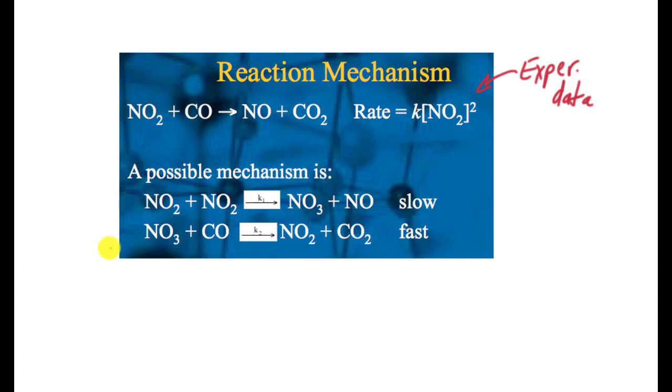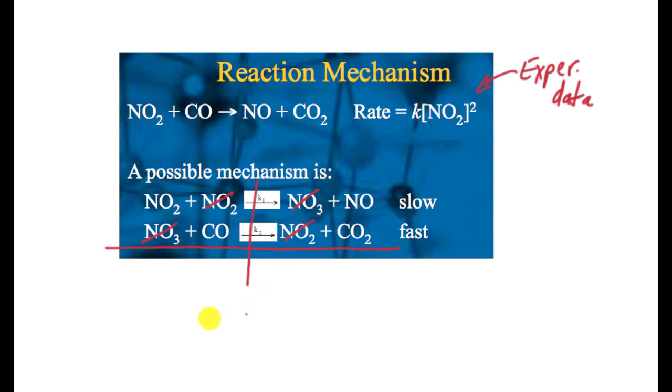Alright, criteria number one. We have to make sure that these two reactions come together and match the overall reaction. So I'm going to divide the reaction in half at the yield sign, and I'm going to sum up both sides. Before I sum up both sides, if there's something on the reactant side and the product side, we can cancel them out. The two things that cancel out would be the nitrogen trioxide and the nitrogen dioxide.